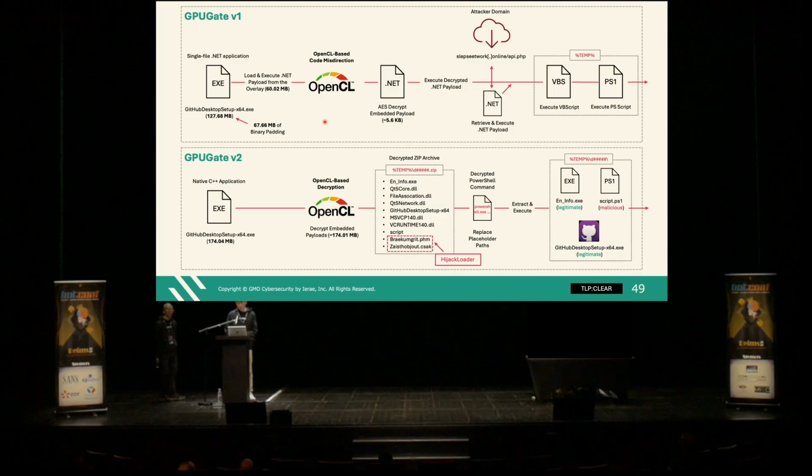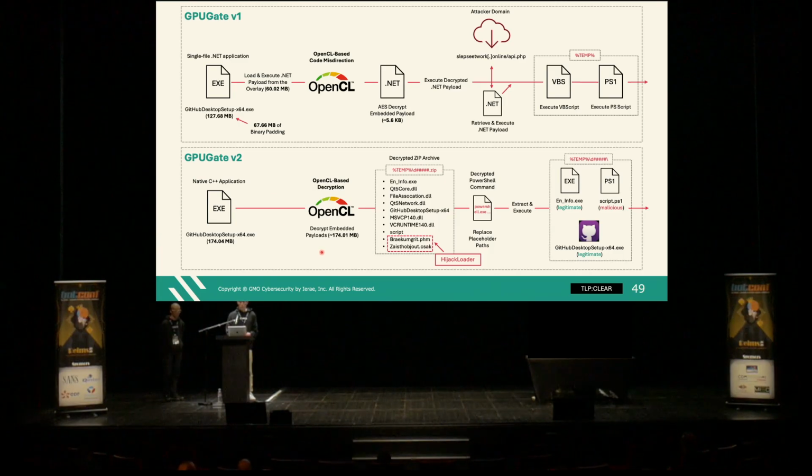Version 1 also uses more of a staged delivery approach. For example, the first decrypted payload after that OpenCL code misdirection that we just went through is a very, very small payload just to retrieve a PowerShell script later. In version 2's case, they used a native C++ application with a huge embedded payload.